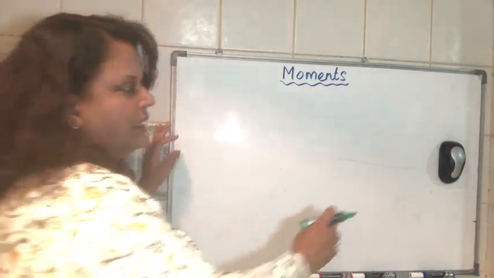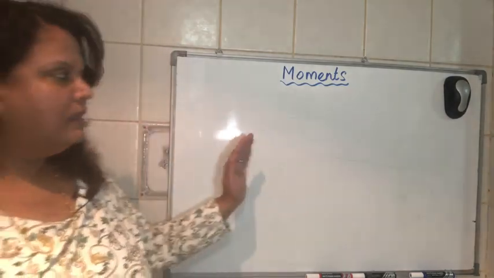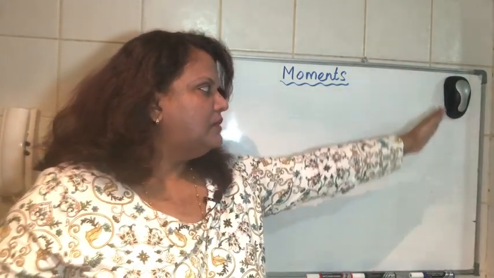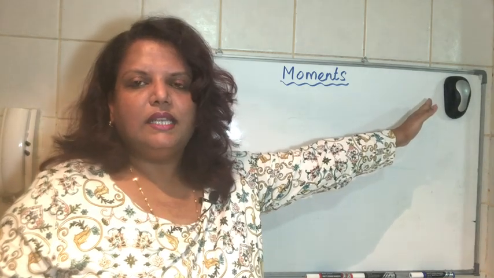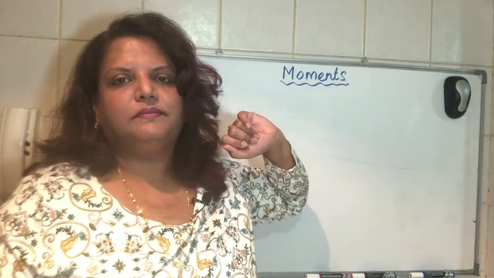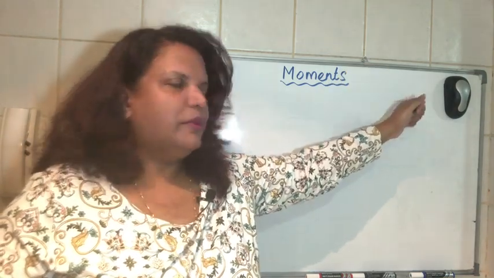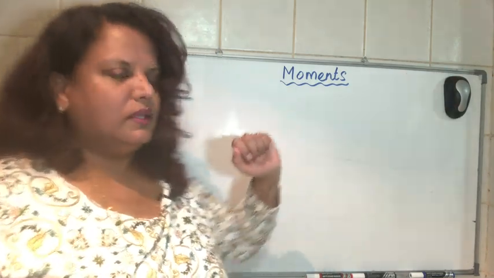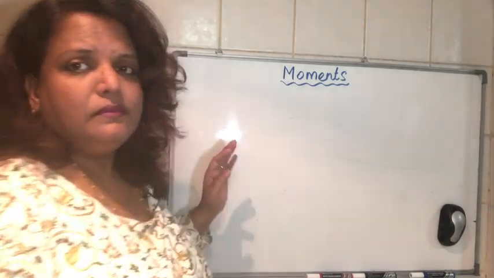If I shift the position of the handle vertically up, will it have any difference in the turning effect? It will not. You can still open the door with the same amount of force. The same goes if you move it down.